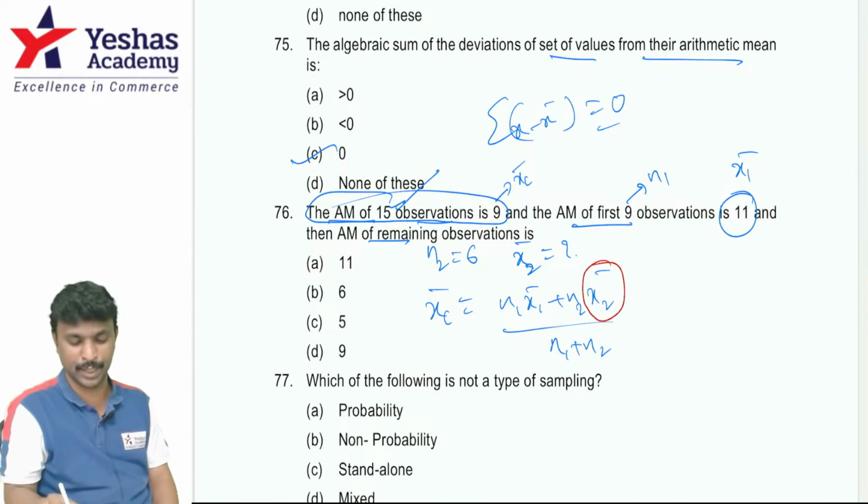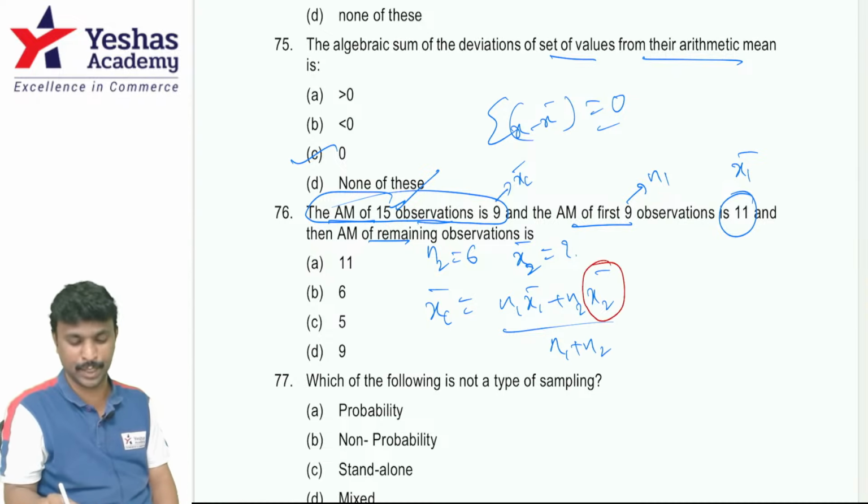Now numerator 3 divided by 5 minus 0.4333, into 5 divided by 3. That fetches you 0.2777, which is option D, 5 by 18.